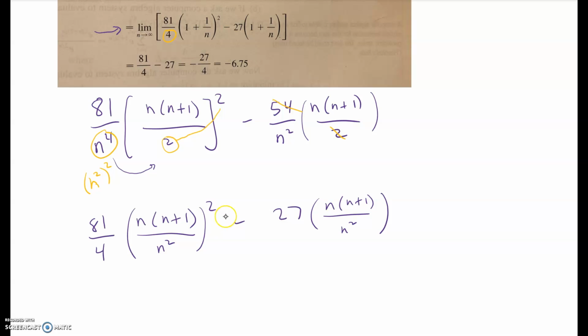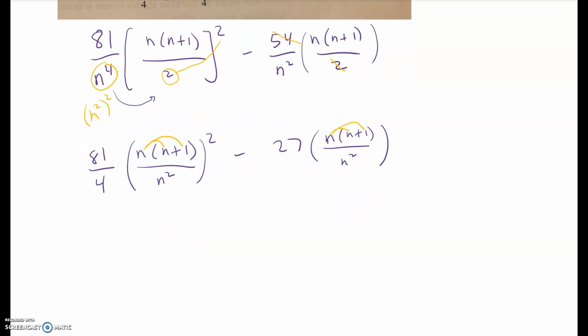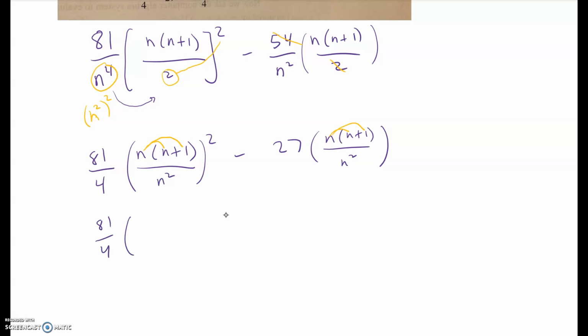So you can distribute the n in both of those cases, and then you get 81 fourths. And then when you distribute the n, you get n squared plus n over n squared. And then you have the 27, and then again you have n squared plus n over n squared.